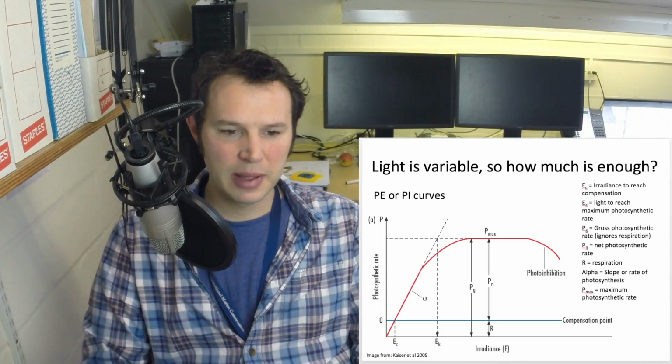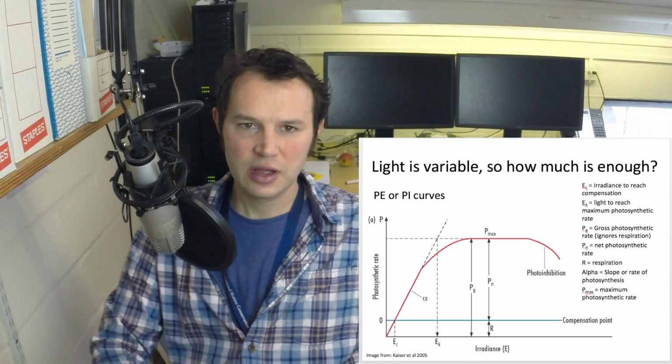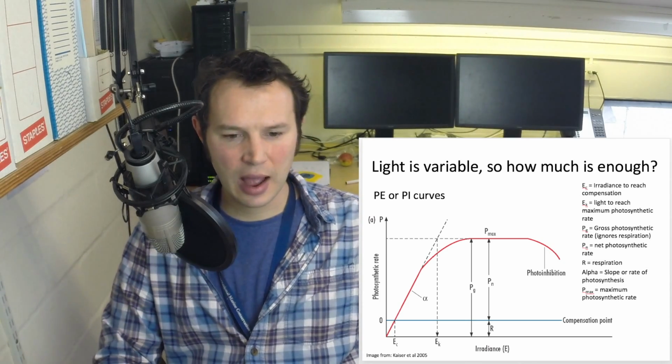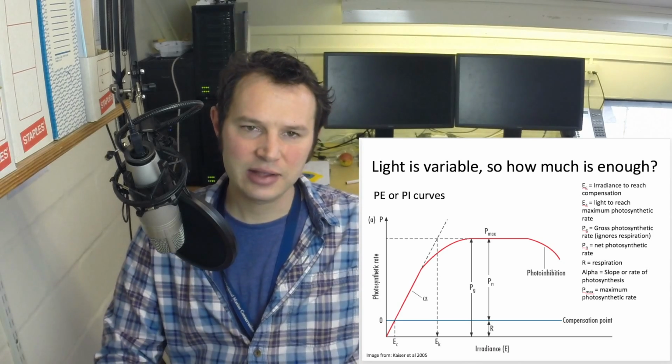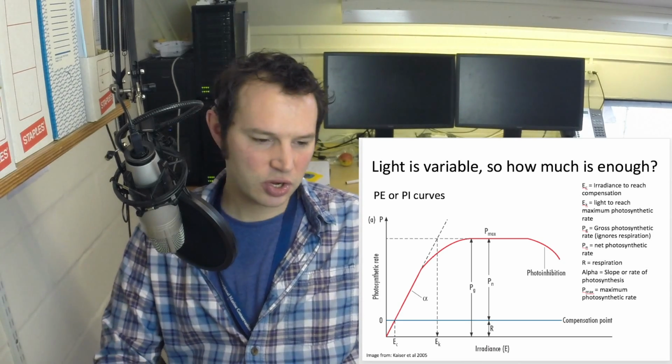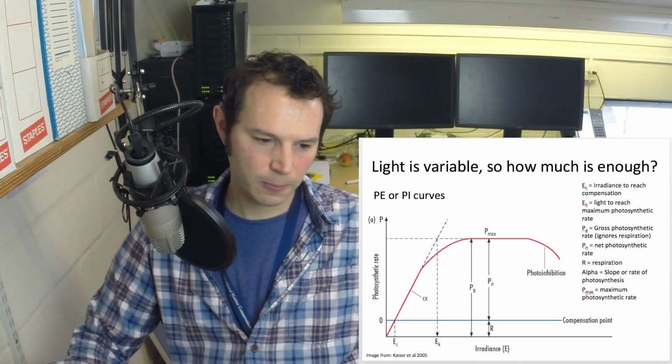Think about how light affects the growth of species, the effect of canopies driving the ecology of the environment. Remember the PE or PI curve. Think about the light environment, what adaptation the species might have that allows it to maximize its growth rate, photosynthetic rate, oxygen production, carbon dioxide consumption.